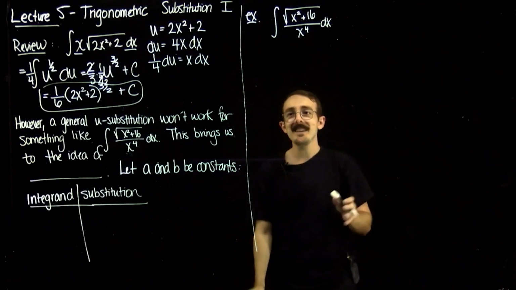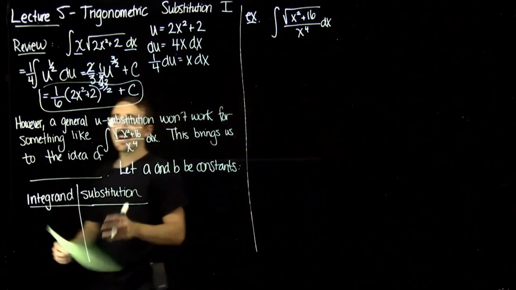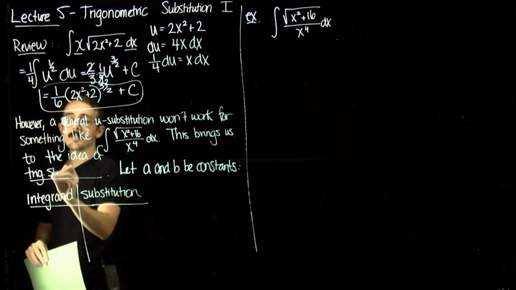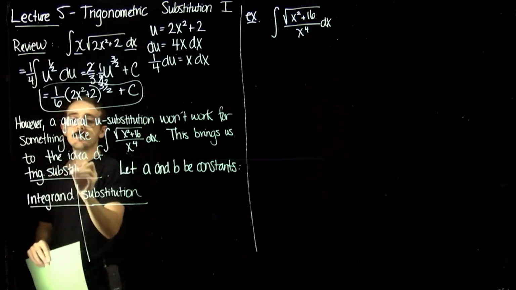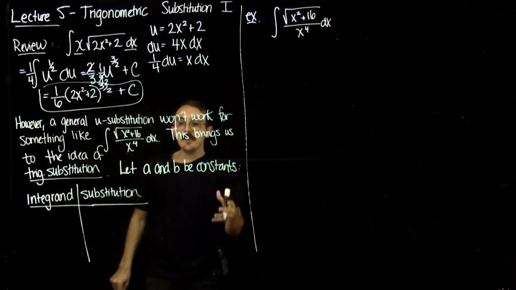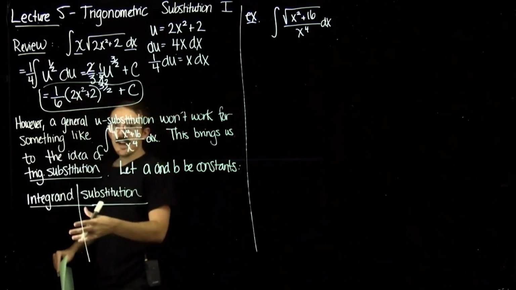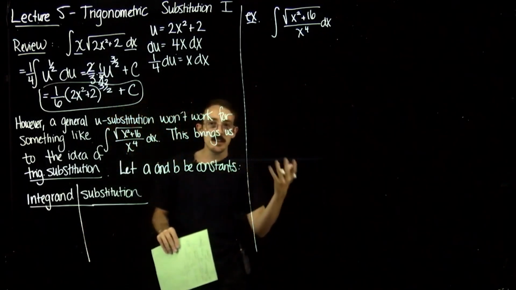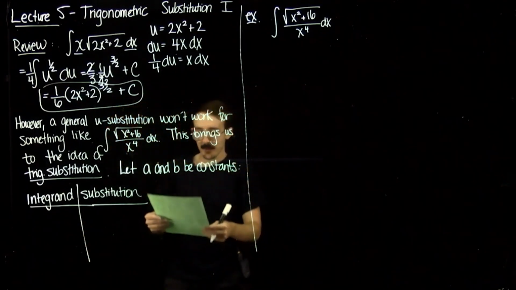So let me introduce the idea now of trig substitution. If you see that the integrand has one of these three forms, then it might suggest that you want to use a trig substitution to solve the problem.